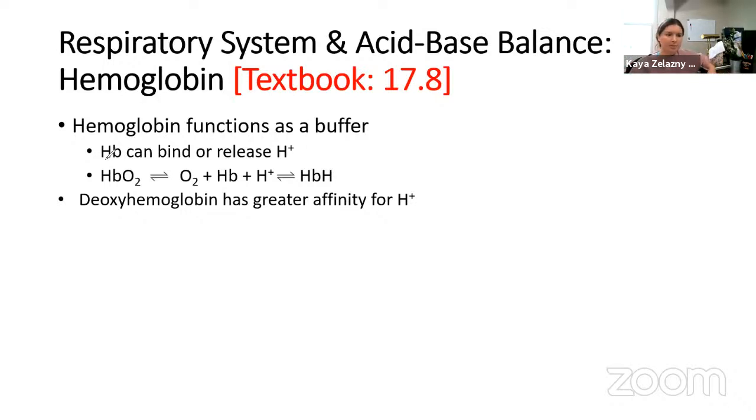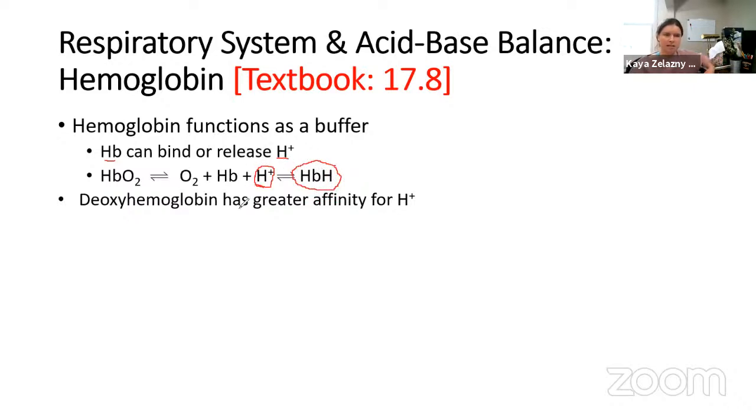Hemoglobin, right, can bind or release hydrogen ions, right? So essentially it can soak them up. So the equation for this is here. Don't worry about memorizing the equation in particular, but as you can see, it can bind a hydrogen ion and become this hemoglobin bound to hydrogen here, right? Or it could go the opposite direction and release that hydrogen ion.